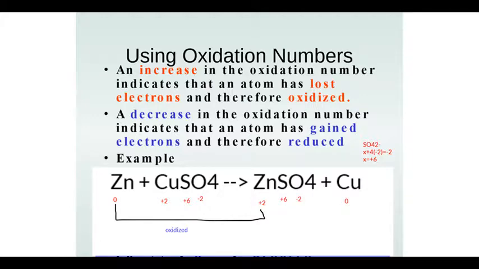As we go from copper, we can see that copper is going down from +2 to 0. And because that happened, we say that copper was reduced. So when the oxidation number decreases, it is reduction. When the oxidation number increases, it is oxidized. So we would say that zinc is oxidized and copper in copper sulfate is reduced.